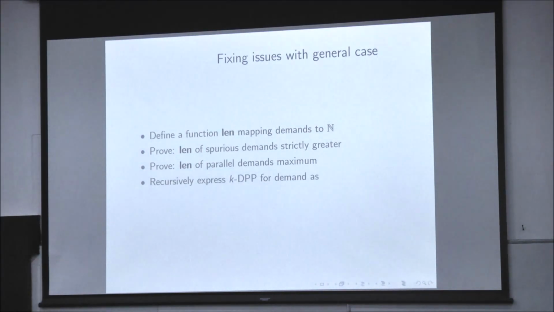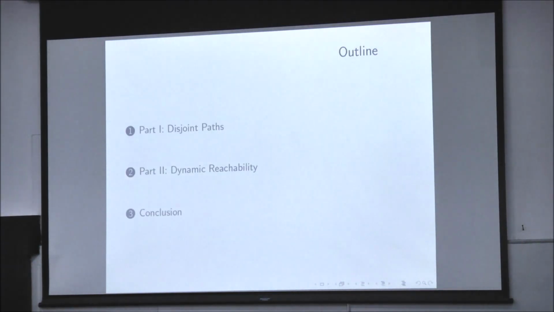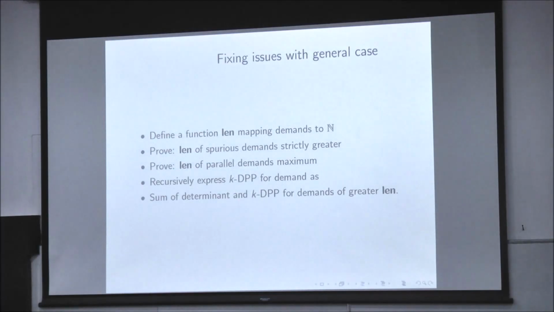So now we can recursively express a KDPP for a demand as sum of a determinant and KDPP for demands of greater length. And since length is a monotonically increasing function, we finally get the KDPPs with the maximum length, which are parallel demands.